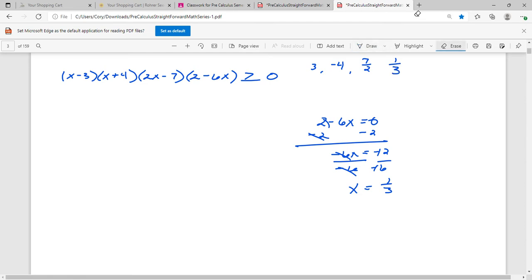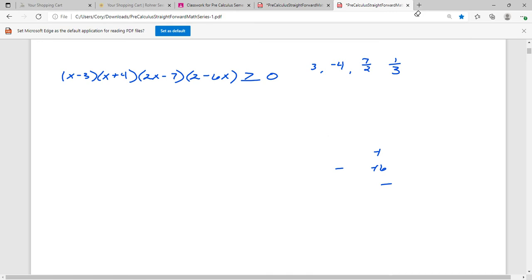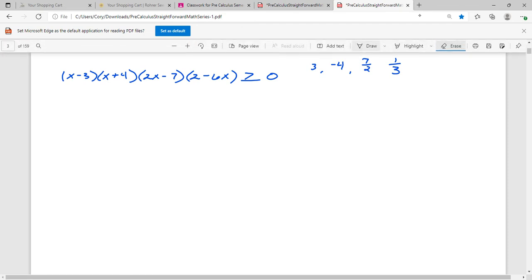Okay, so now I just have to create my intervals out of that. Alright, so I'm going to have negative infinity first. Okay, and then I need my lowest number, which would be negative 4.